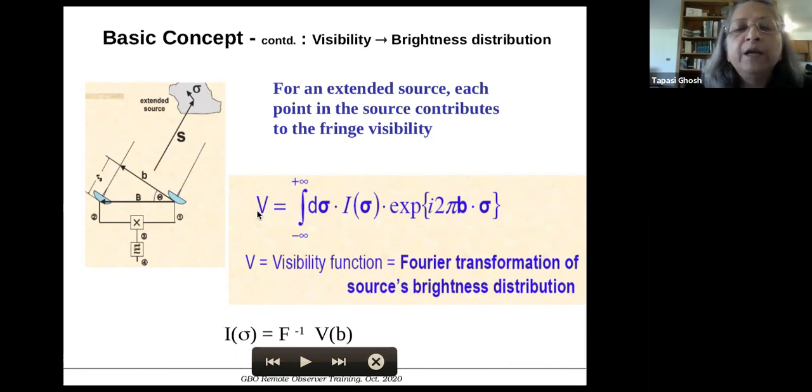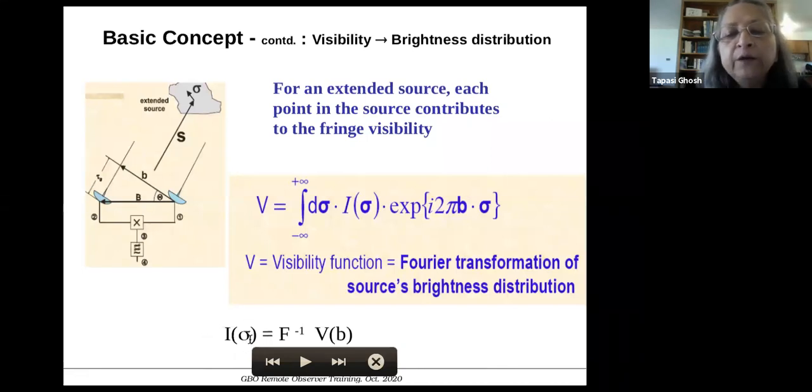Visibility appears to be nothing but a Fourier transform of the intensity distribution. So how do we get the intensity distribution then? Because that's what we want. We want to determine this out of these measurements. We inverse Fourier transform it mathematically, and we can then get the intensity distribution, which is our map or our image.